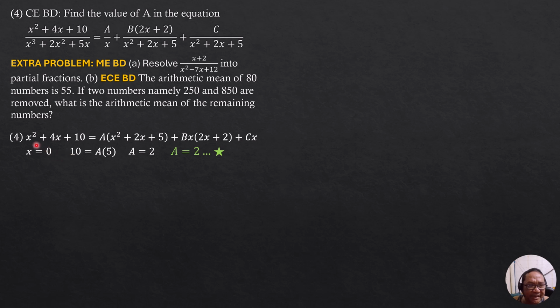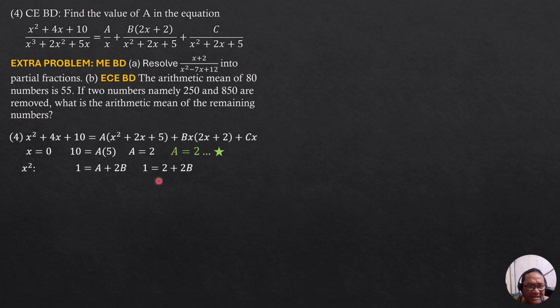First, equating coefficients of x squared. The coefficient of x squared on the left side is 1. On the right side, we have a and 2b, because this is 2b x squared. So 1 equals a plus 2b. Since a has been found, 2, b is equal to negative 1/2.